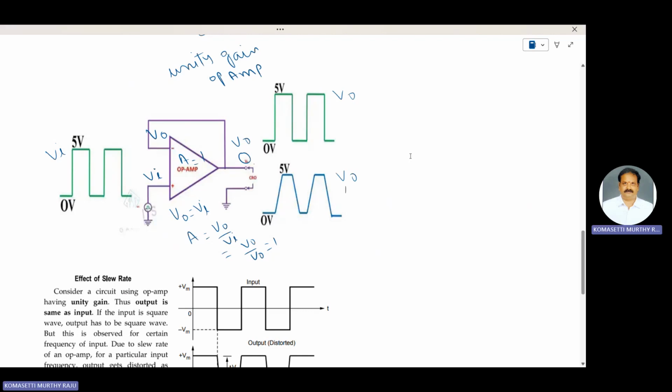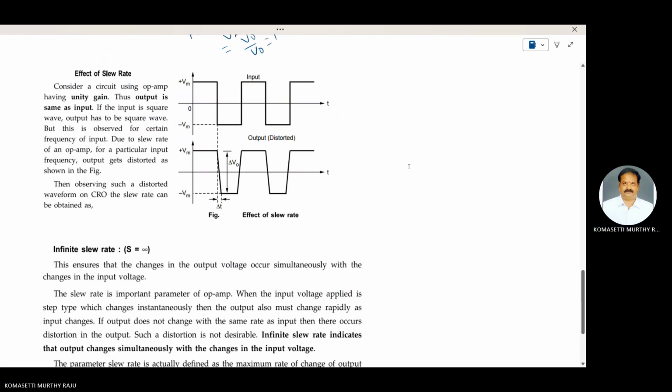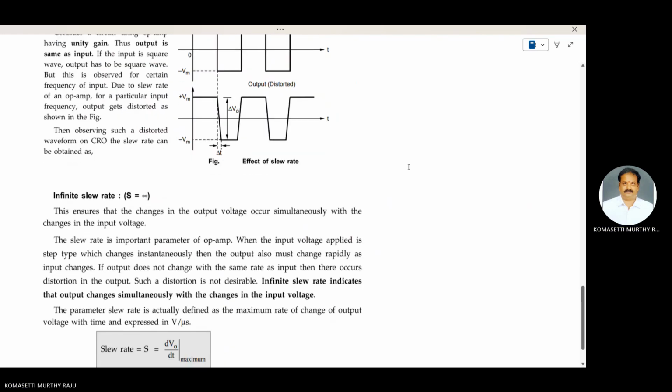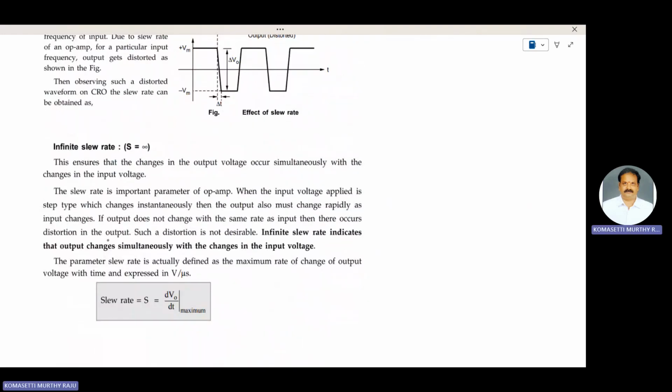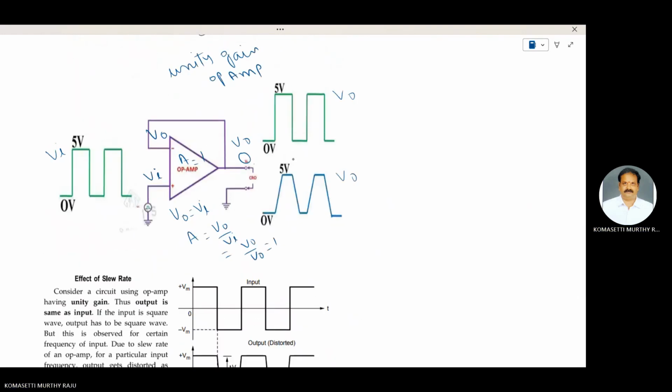The first one: slew rate ensures that the change in the output voltage occurs simultaneously with the changes in the input voltage, because these two waveform shapes are the same without any distortion.